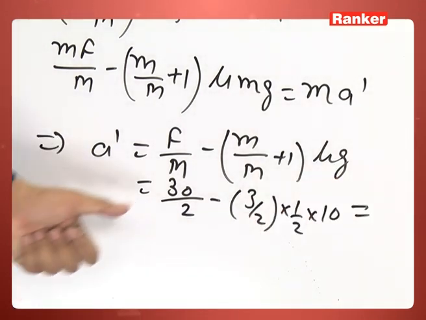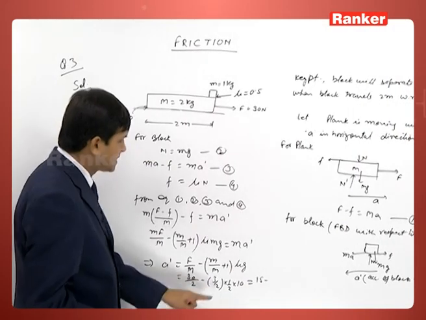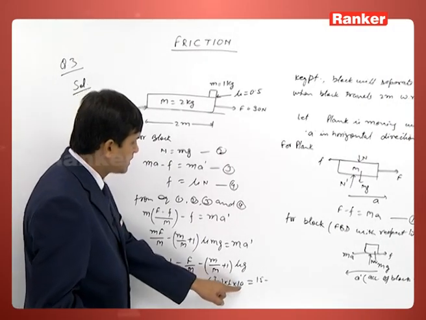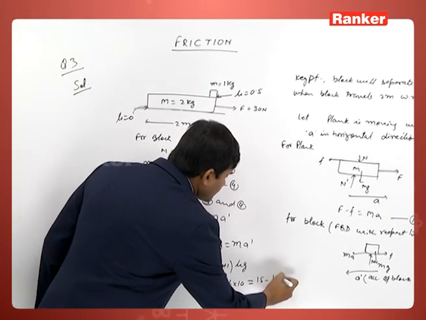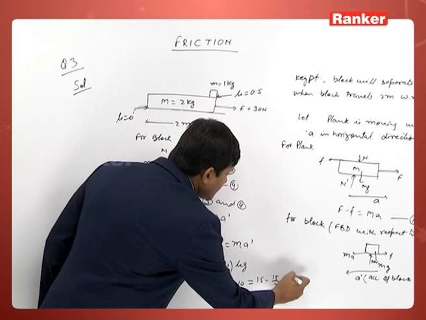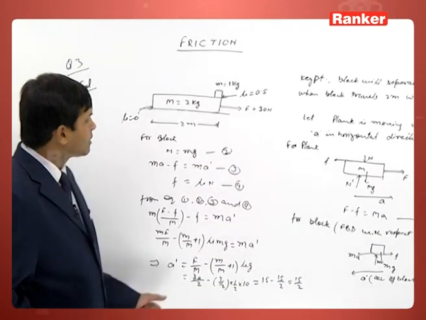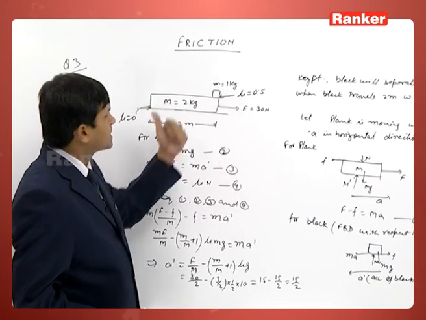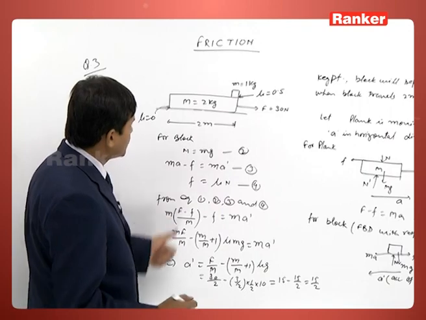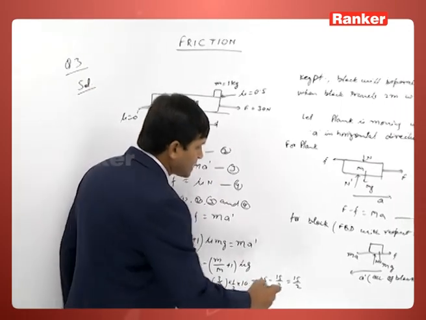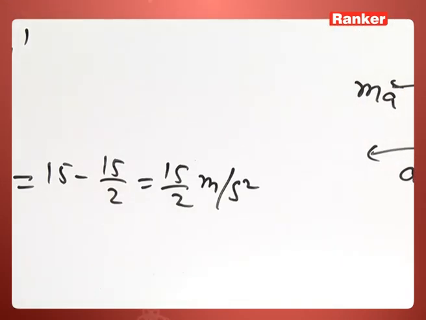So, finally, we will have 15 minus, this we can calculate, 30 by 4 or 15 by 2. So, finally, 15 by 2 is the acceleration of the block with respect to the plank. So, for distance we can use the relation. This is meter per second square.